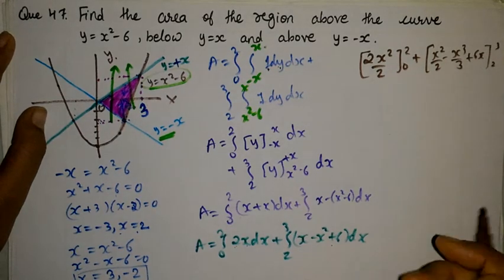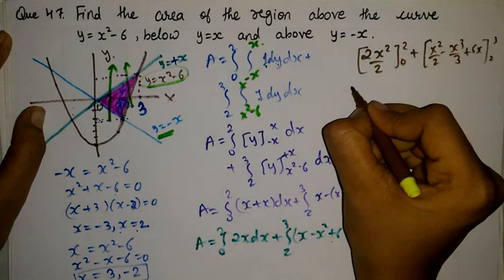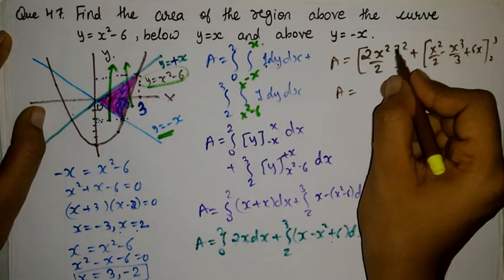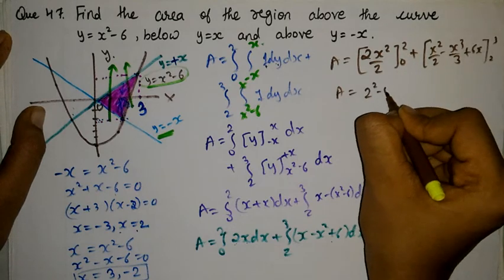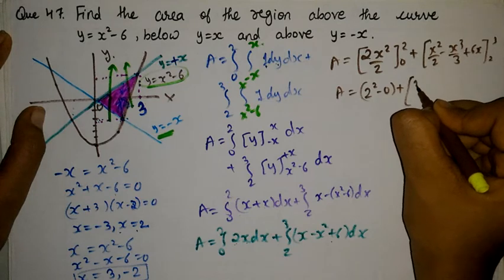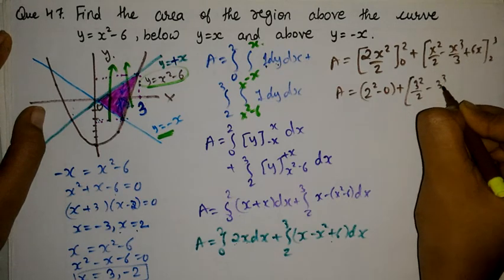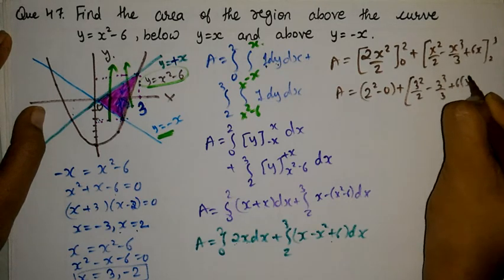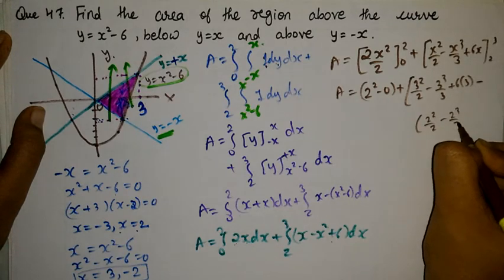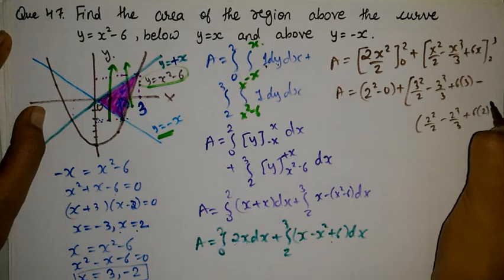I have integrated this term. So area is equal to, 2 will get cancelled. Putting the upper limit, we get 2 square minus 0, plus here put the upper limit, so we get 3 square by 2 minus 3 cube by 3 plus 6 into 3, minus lower limit 2 square by 2 minus 2 cube by 3 plus 6 into 2.